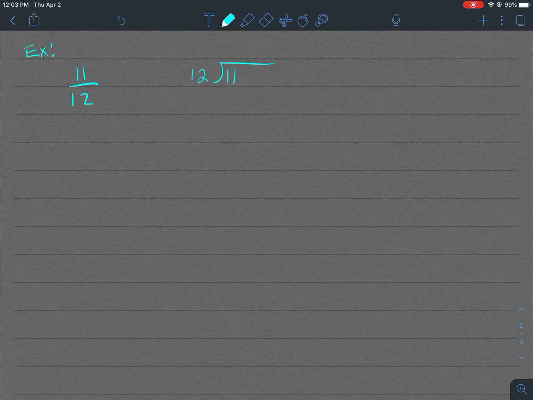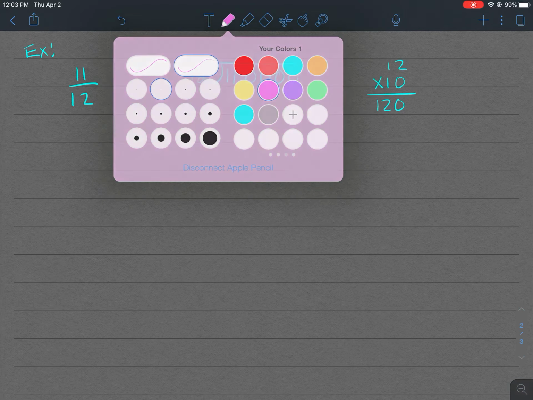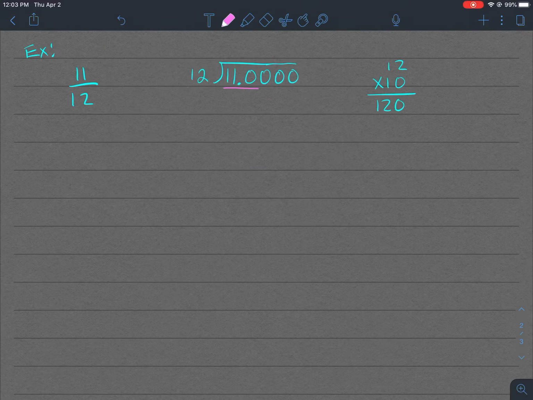Well, it doesn't. So I could add some zeros here. All right, so 12 times 10 gives us 120, which is too much because I need to get to 111. Okay, well 120 is too much.